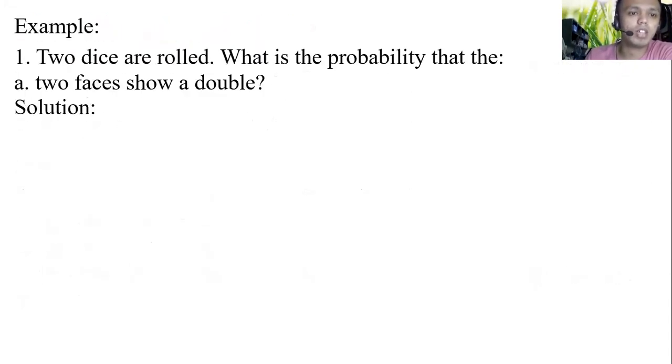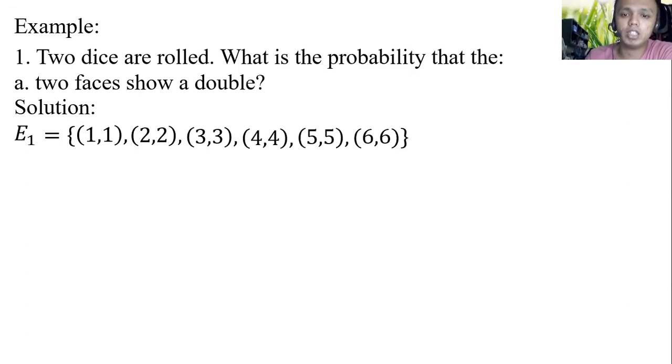Now, let's take the first problem first. Two dice are rolled. What is the probability that the two faces show a double? So let us compute the number of events for two faces show a double. That means when it is a double on the two dice, the same number appears. First we have 1 1, 2 2, 3 3, 4 4, 5 5 and 6 6.